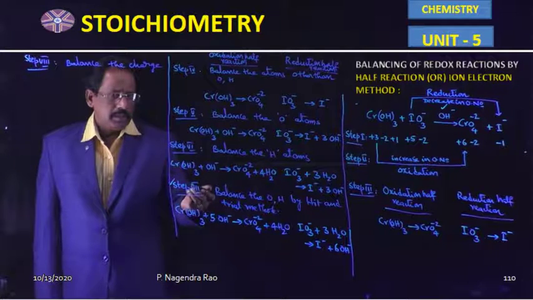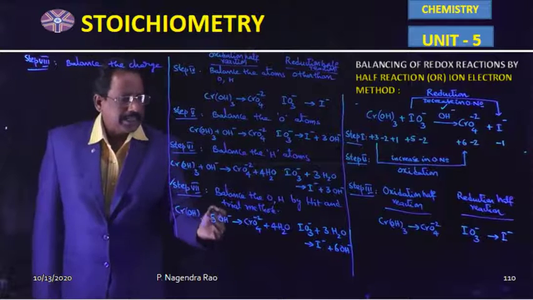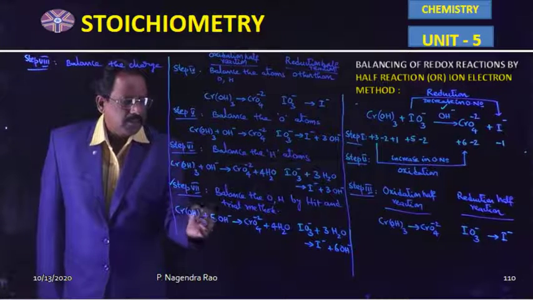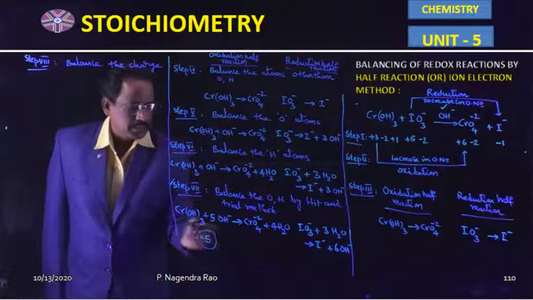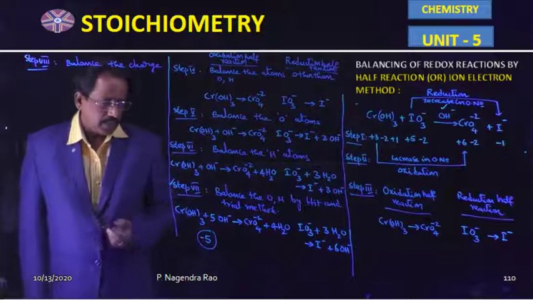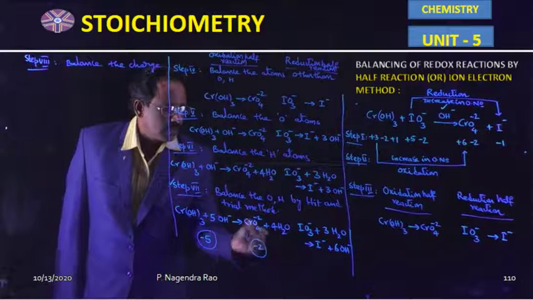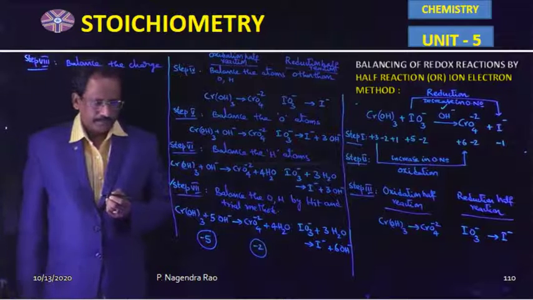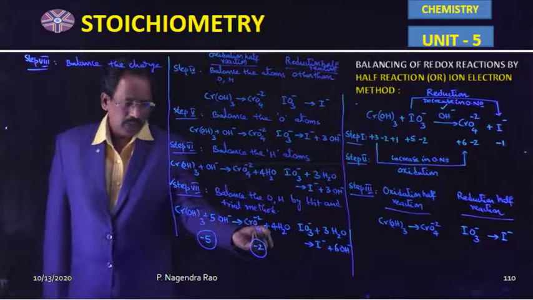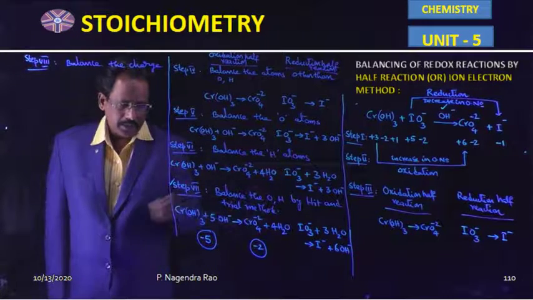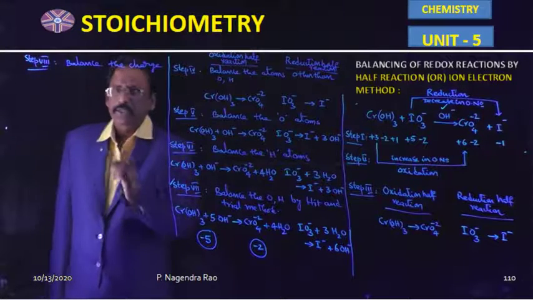In the oxidation half reaction, in the reactant side, this is a molecule with 0 charge, so in the reactant side the charge is minus 5. Here it is minus 2. So add 3 electrons in the product side to balance the charge.